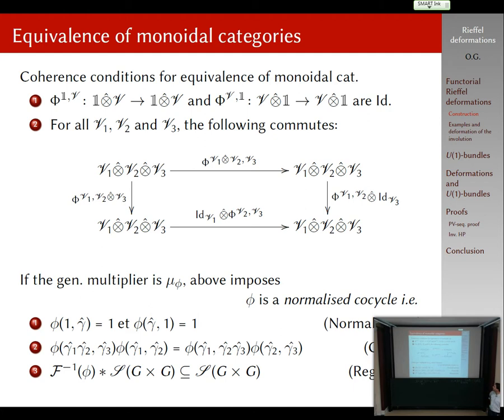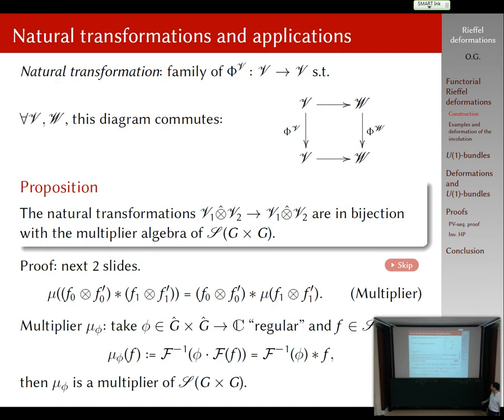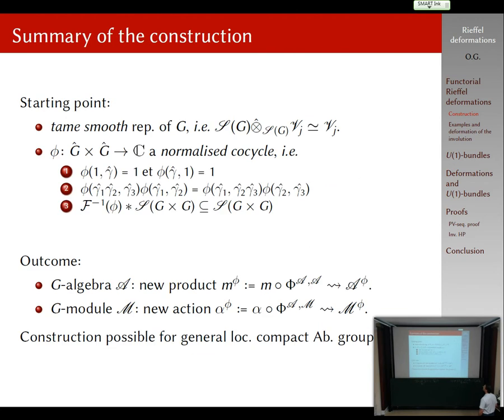So, to summarize our construction, we started with a tame-smooth representation satisfying this, a normalized cocycle from the Pontryagin dual times itself to C, with this property, and the outcome is that we are going to define a new algebra by taking actually the same algebra from a topological point of view with this new product.